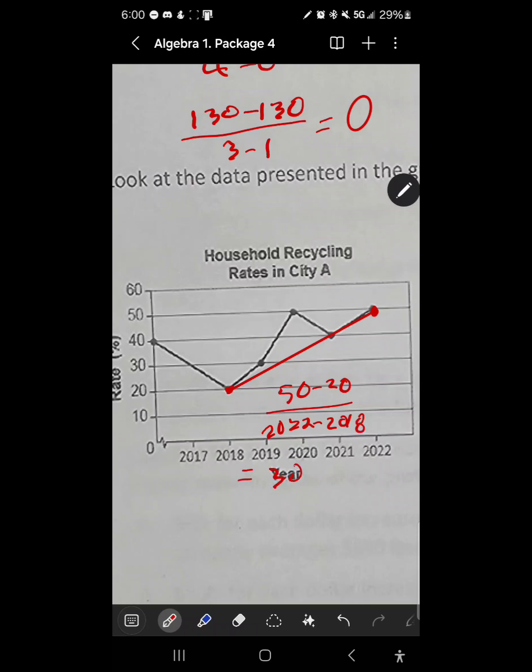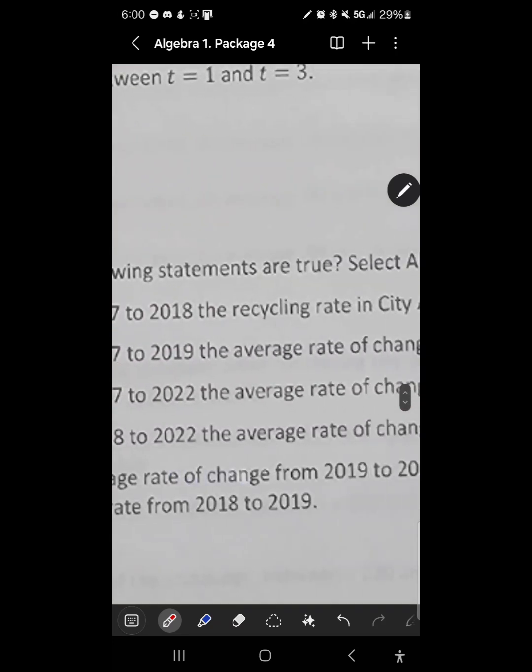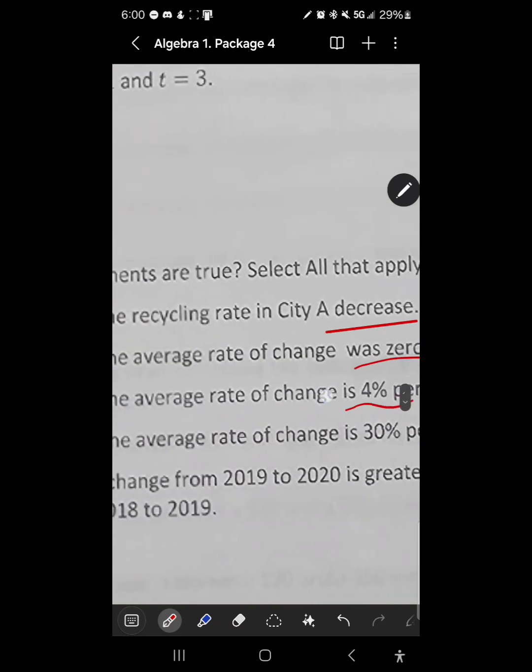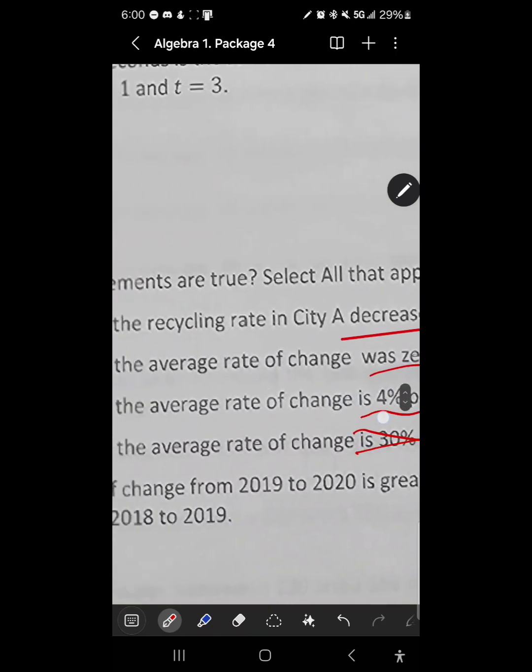So 50 minus 20 is 30, 22 minus 18 is 4. So this will be 30 over 4, which is 7.5. And look, it's not 30. So yeah, this one is fake.